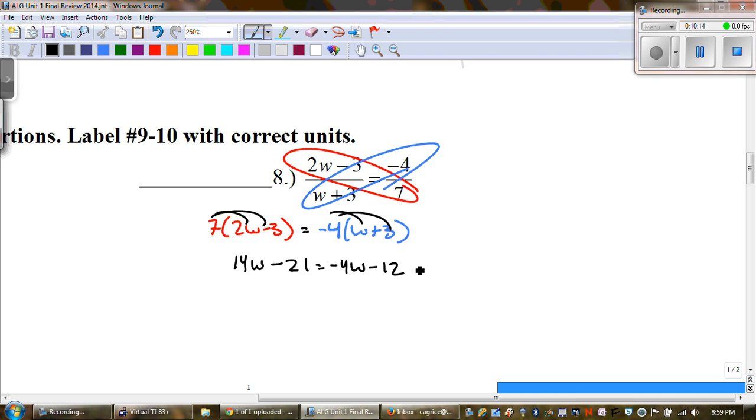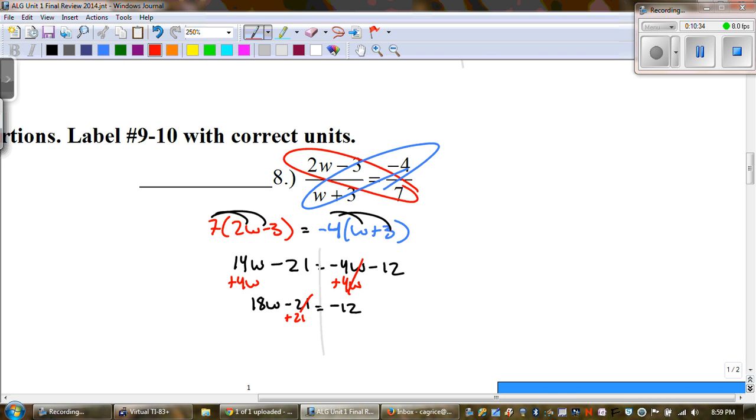Okay, so we want to get our variables on one side, so I'm going to add the 4 because I want to get rid of the smaller w. And we have 18w minus 21 equals negative 12.